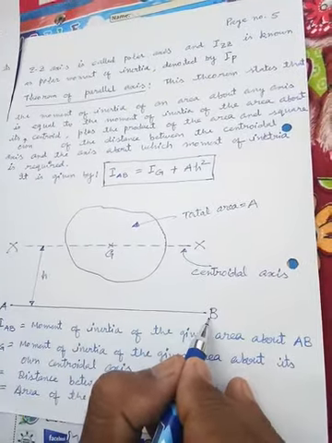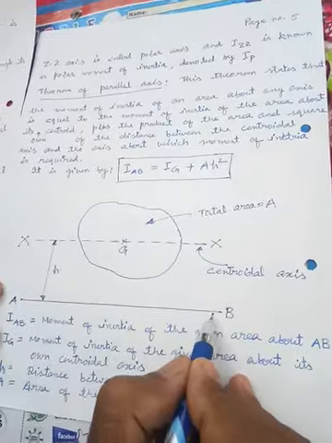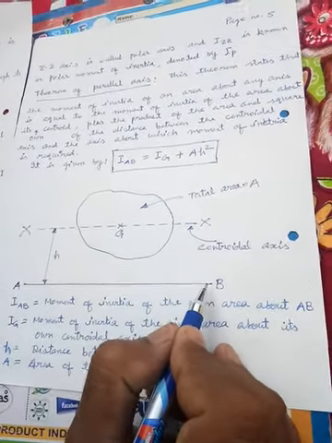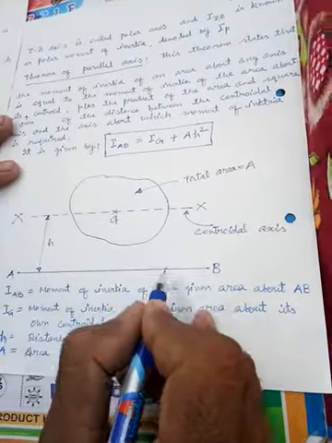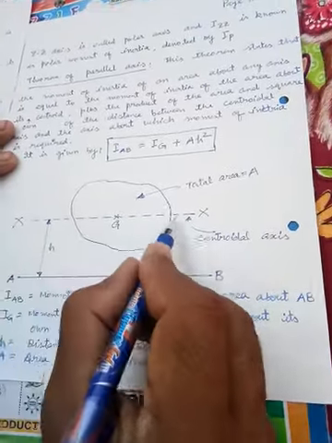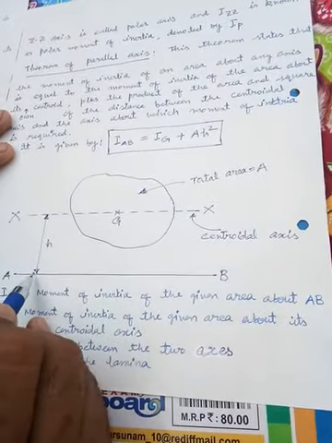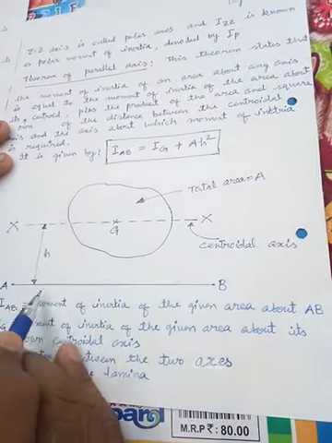AB is any axis parallel to the centroidal axis about which the moment of inertia is required. H is the perpendicular distance between the centroidal axis and the AB axis.